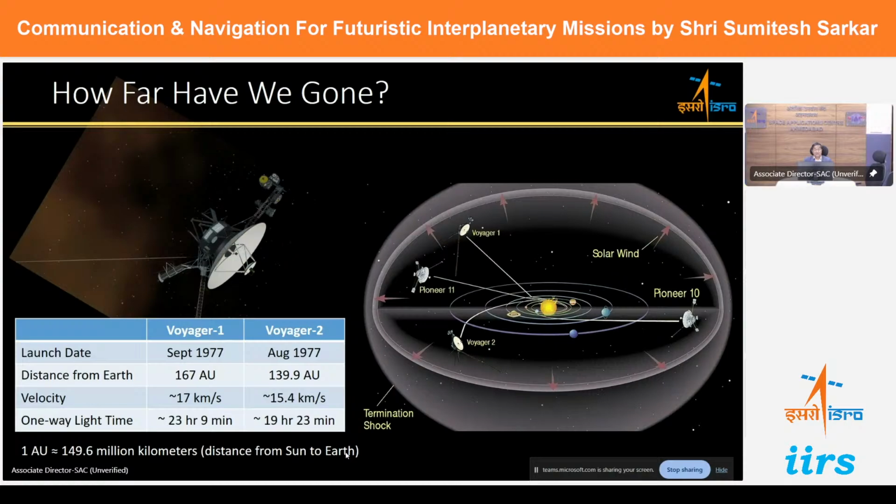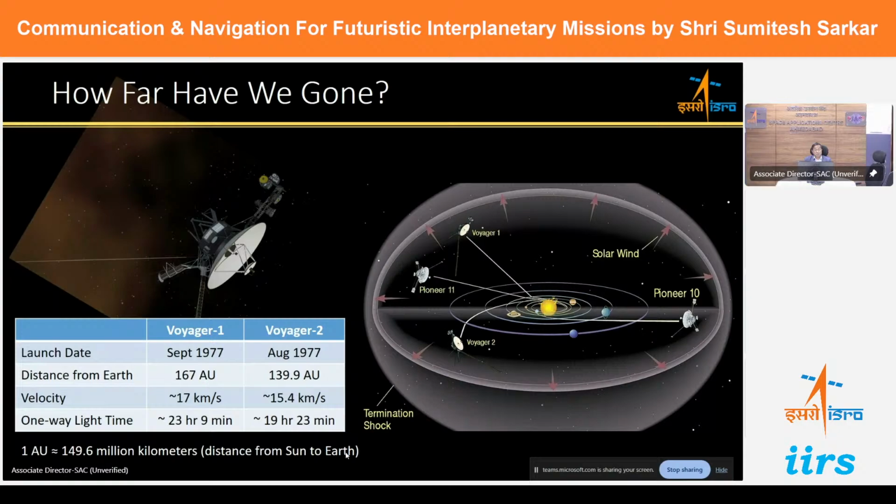AU means the distance from Sun to Earth; that distance is called 1 AU. So Voyager 1 is 167 AU away, and Voyager 2 is almost 140 AU away. Their velocity at present is around 17 kilometers and 15.4 kilometers per second.